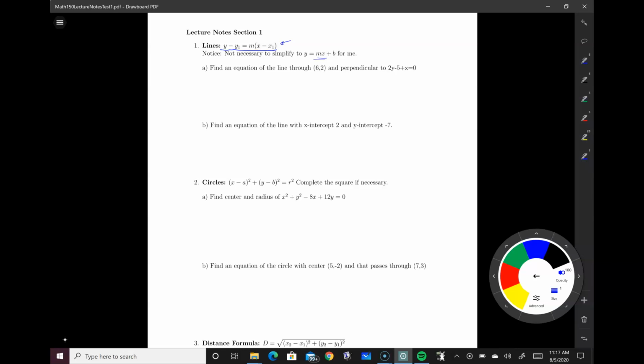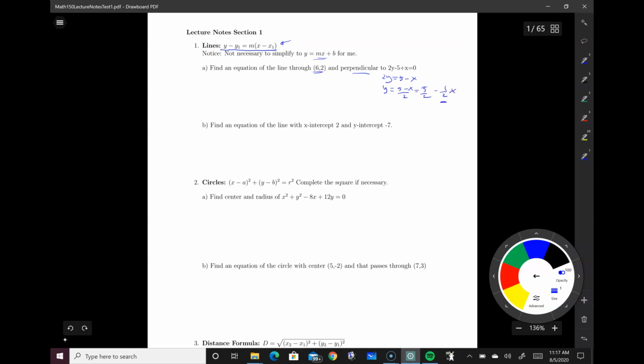All right, so let's work on an equation of a line that goes through this point and is perpendicular to this line. So I need to go find the slope of this line, so I'm going to subtract these two over. So I'll get 5 minus x, divide through by 2. So I know that that's equal to 5/2 minus 1/2 x.